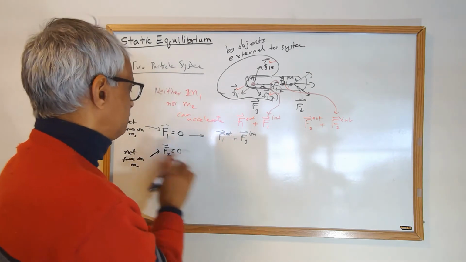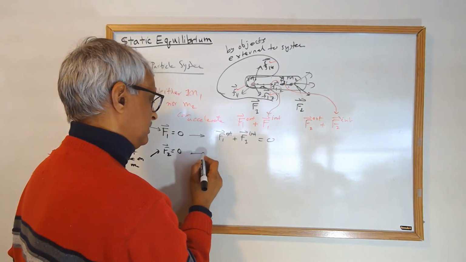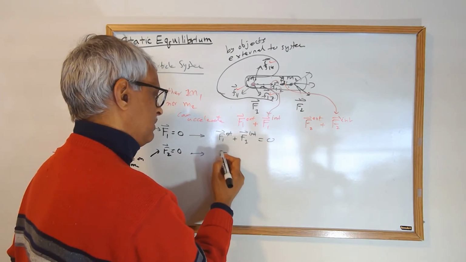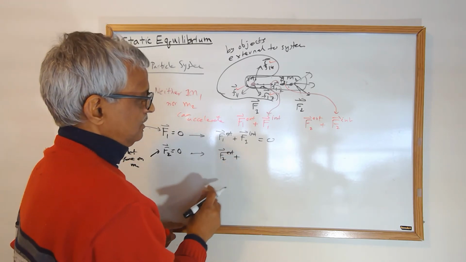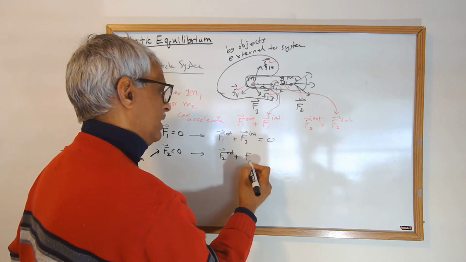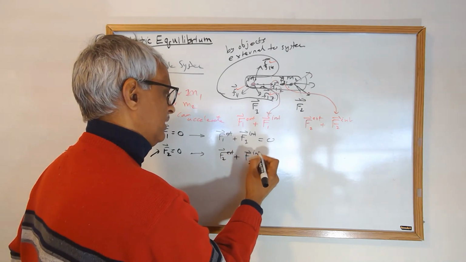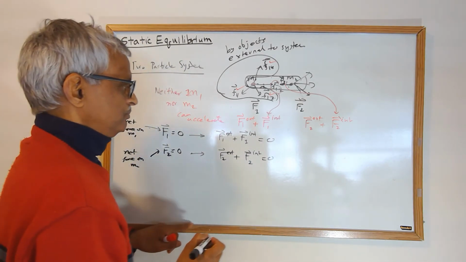and this internal is just from the other particle, equal to 0. So I can write this guy also as F2 external. So external is everything other than 1, okay, and F2 internal, and this is by the 1. Well, guess what?